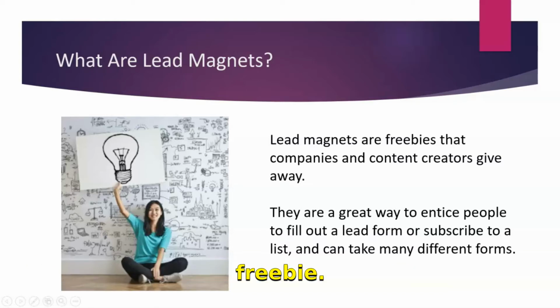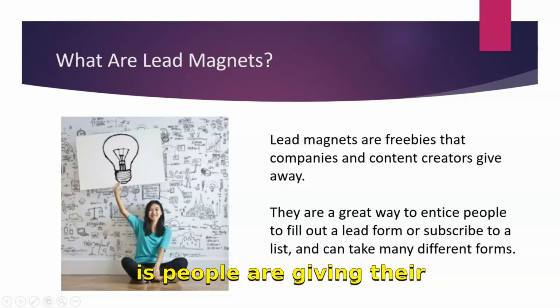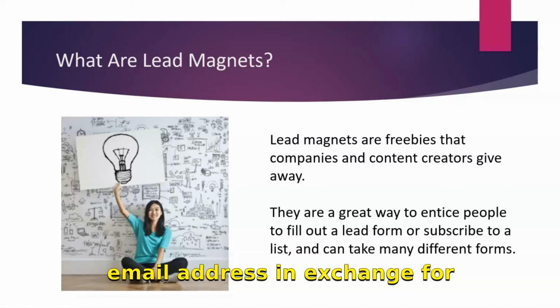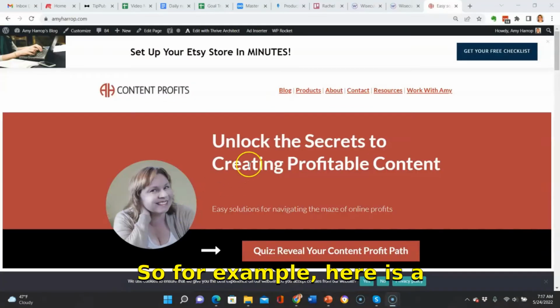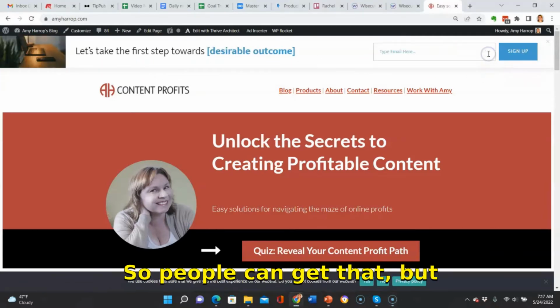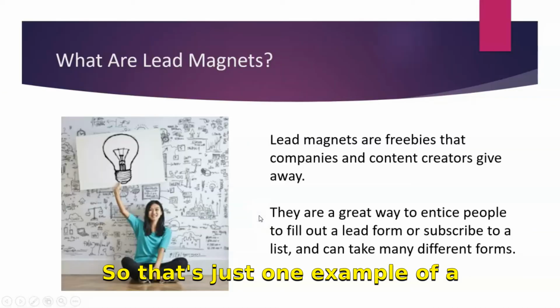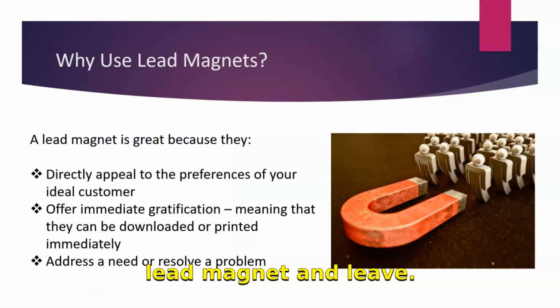So we call it a freebie, but really people are giving their email address in exchange for something. For example, here is a freebie I have on my blog: set up your Etsy store in minutes. People can get that, but they have to put their email in to get it. So that's just one example of a lead magnet.